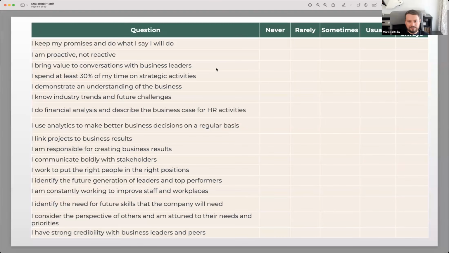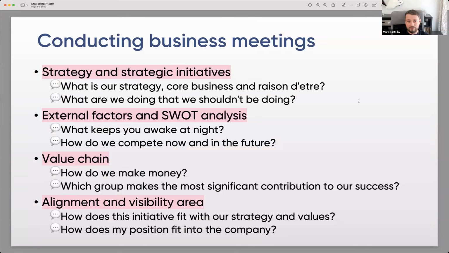And here is a tool with which you may assess yourself as an HR business partner by answering questions on how often you do that: never, rarely, sometimes, usually, almost always. And you want to move all your answers after a while to the rightmost column. So you want to do it constantly and regularly.